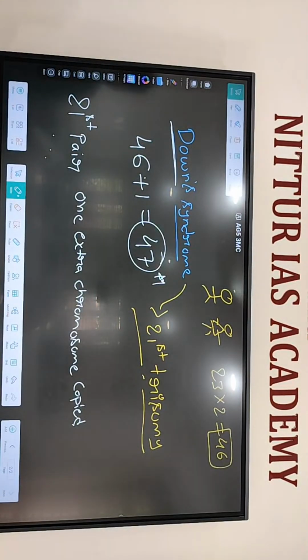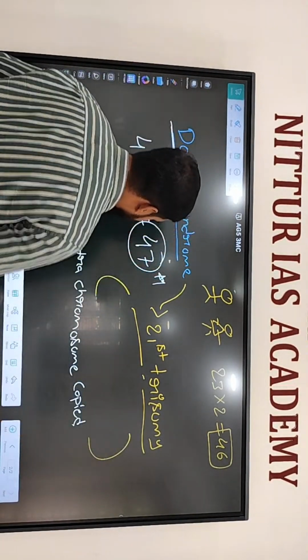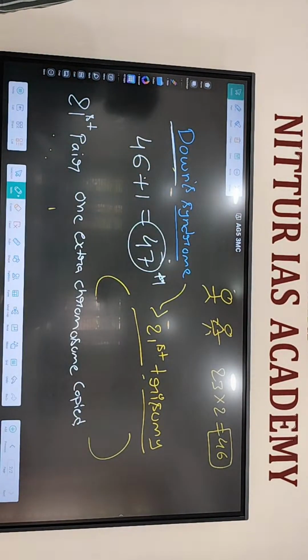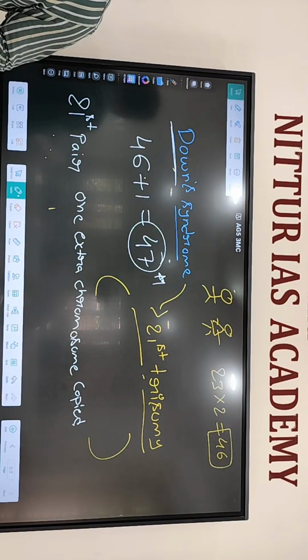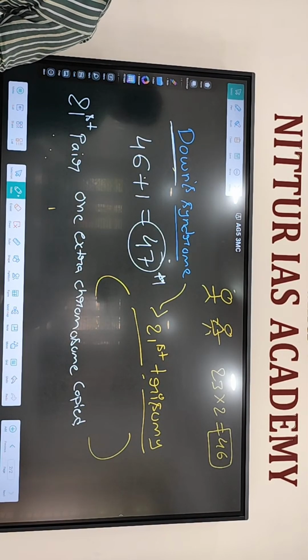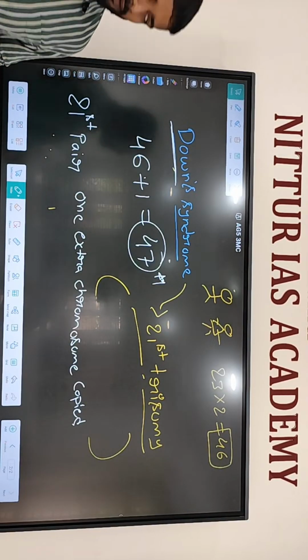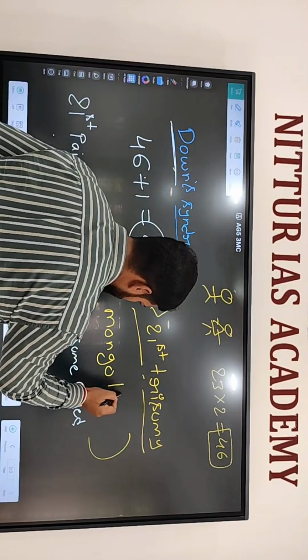The total number of chromosomes is 47. The person affected by Down's syndrome looks like a person from Mongolia, a Chinese person, Mongolia, above China, right? So this is also called Mongolism.